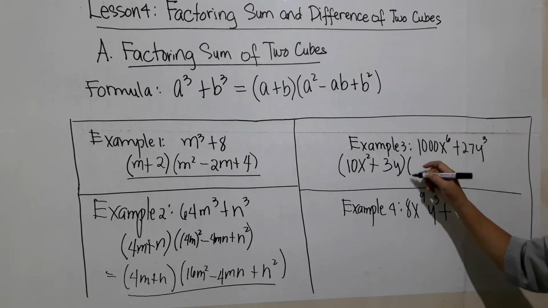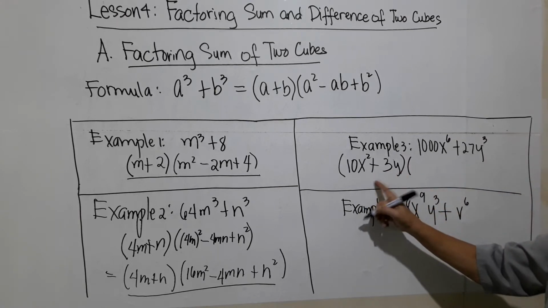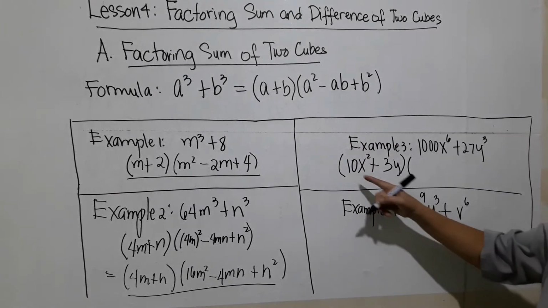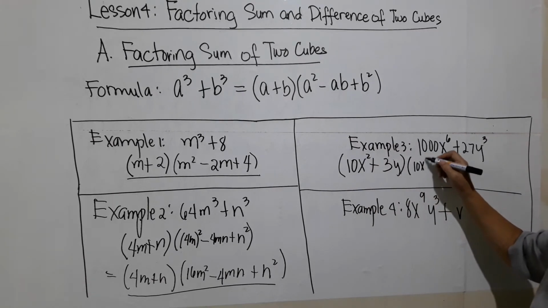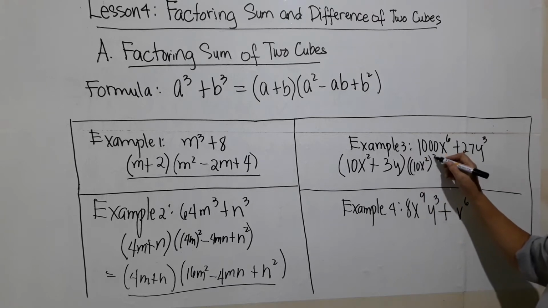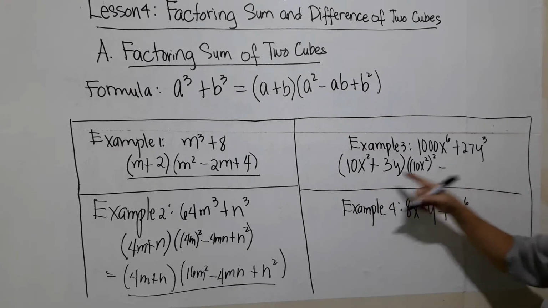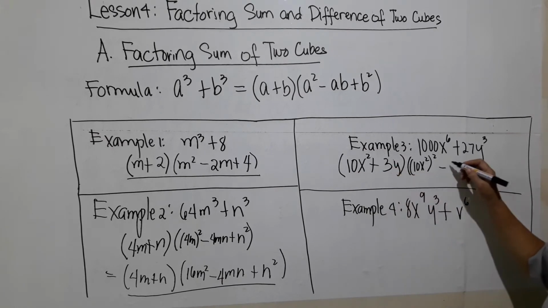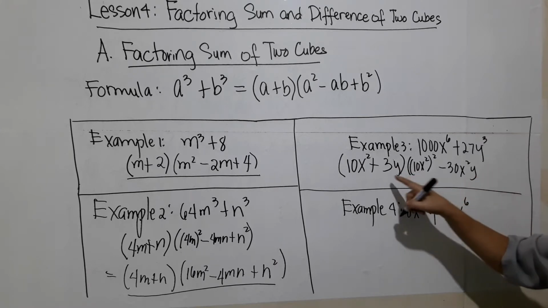To find the terms of the second factor, refer to the first factor following that formula. So this means 10x squared, square it. Minus, multiply the first and the second term: 10 times 3 is 30x squared y.